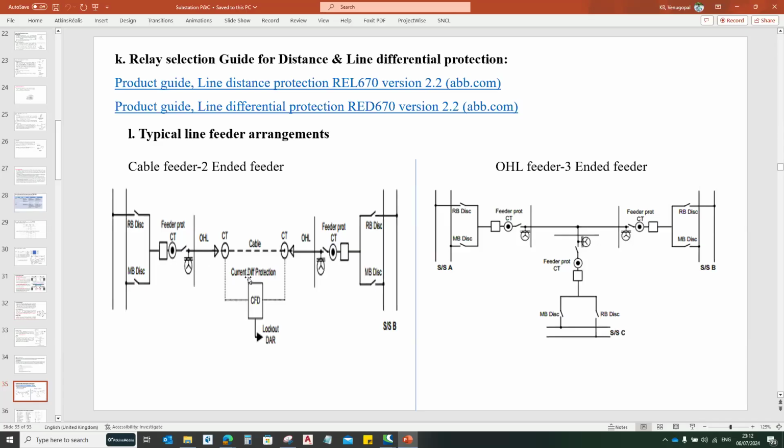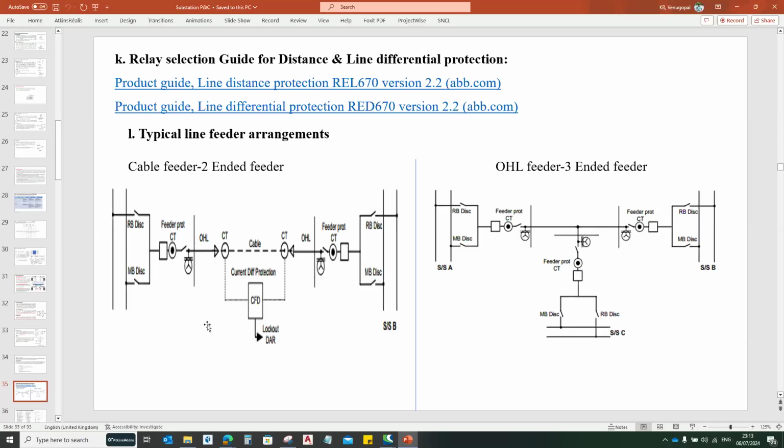So to avoid that, we provide a cable differential relay to detect the faults in the cable section, and we also have line differential protection beyond this point. So when you are going with the differential protection, only if the overhead line differential protection is operated, then it will go for the auto reclose.